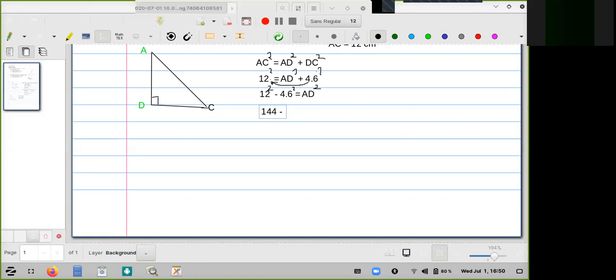It shows me 21.16. Then 144 minus 21.16, we have 122.84, which is equal to AD squared.